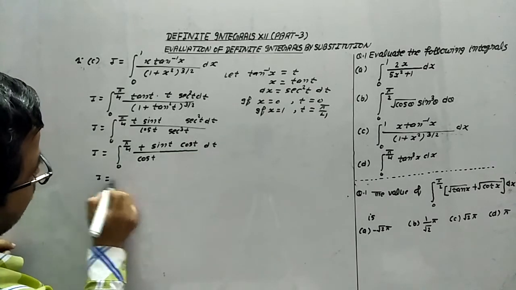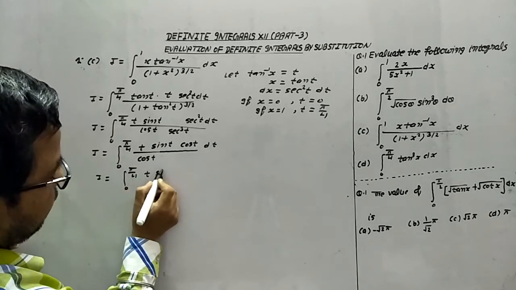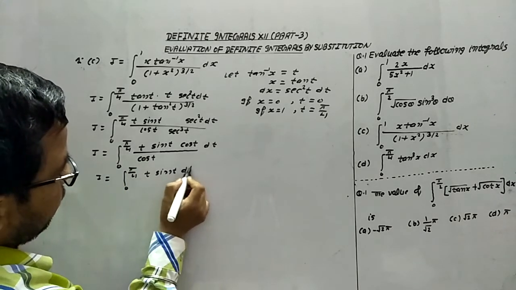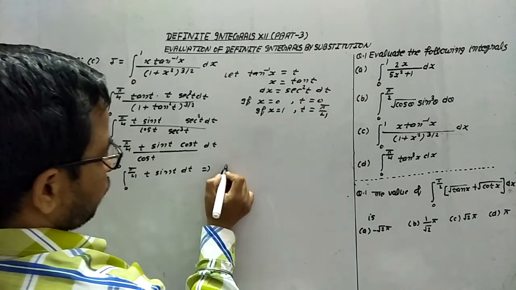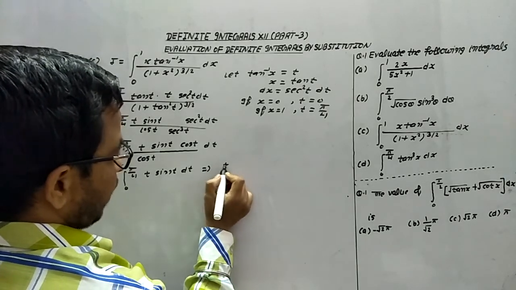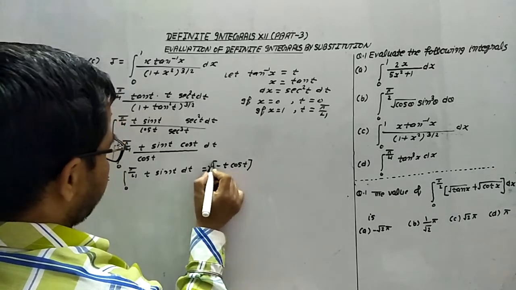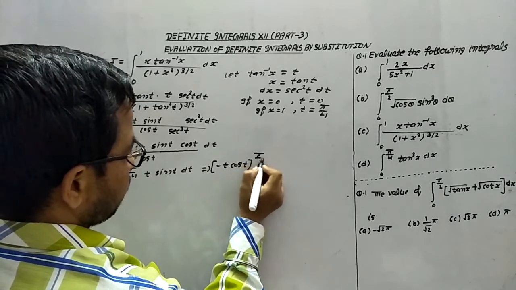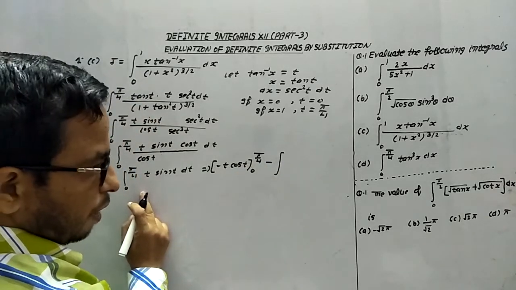It means I is equals to integration 0 to pi by 4 t sin t dt. Now integration by parts. First function as it is. Integration of sin t means minus cos t, and the limit is 0 to pi by 4, minus whole integration. What is the differentiation of t? 1.